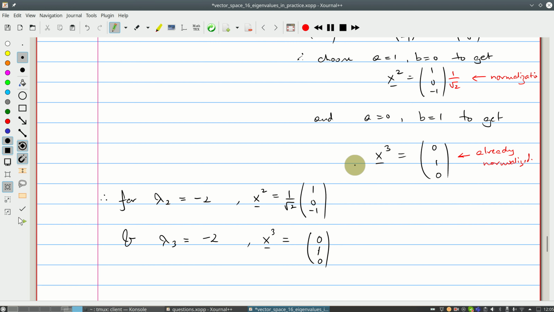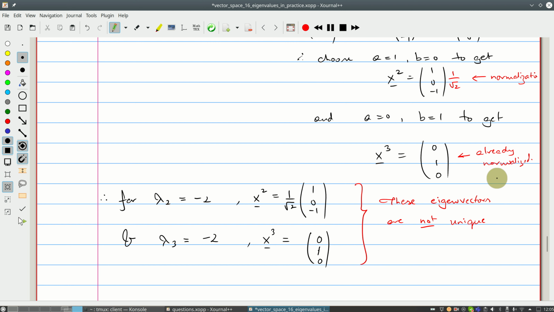Are these eigenvectors unique? No. This is a non-unique set. These eigenvectors are not unique.